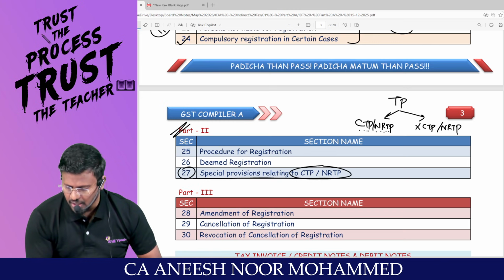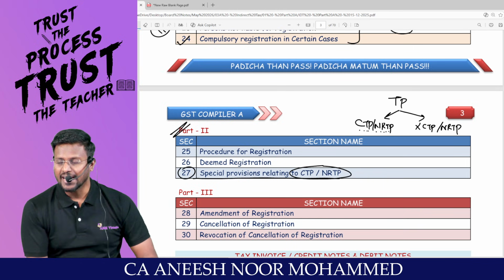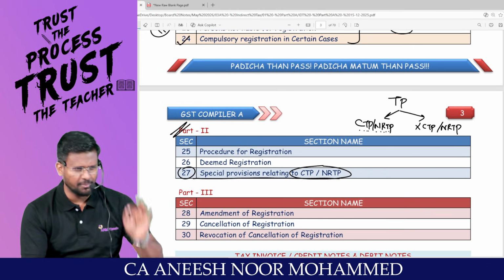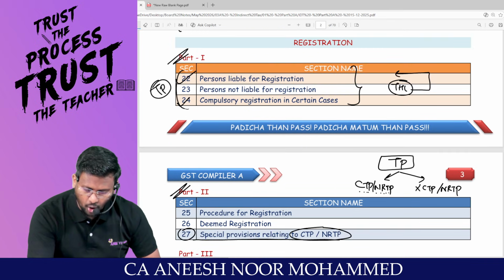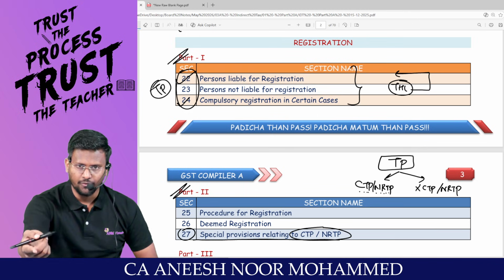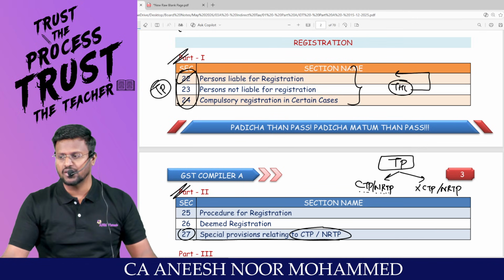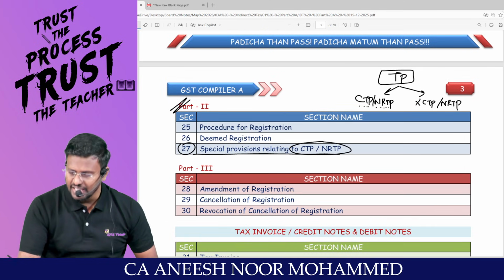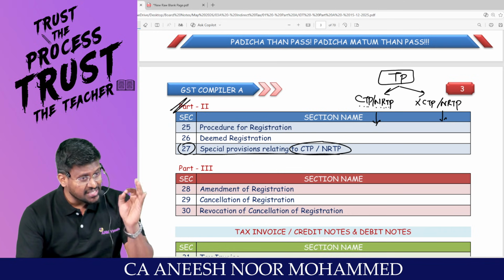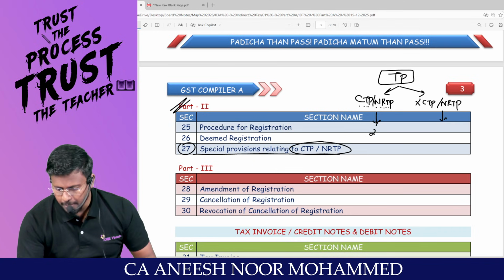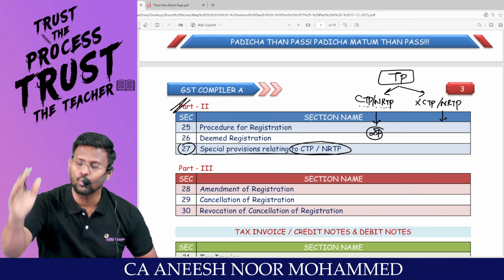Special procedure relating to casual taxable person or non-resident taxable person. You are a taxable person. You fall under either section 22 or 24. Then you classify the taxable person into two categories: either a CTP or NRTP, or other than CTP or NRTP. If you are a CTP or NRTP, please follow the section 27 route.